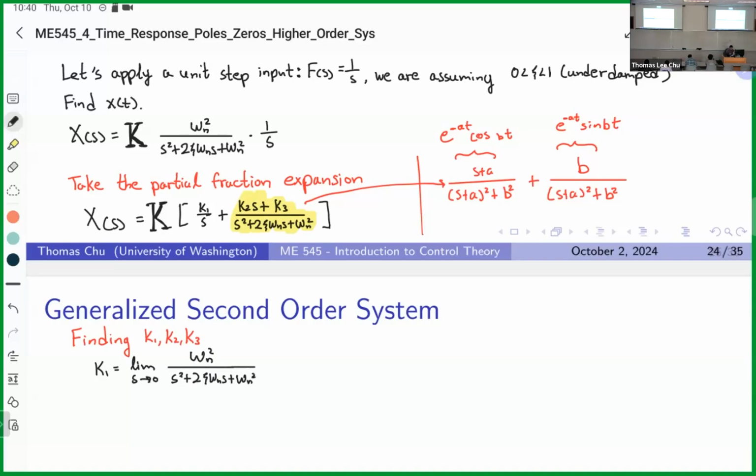One thing I'm going to do is ignore this K part and just find the partial fraction of this term here.